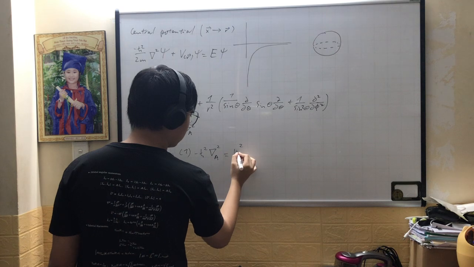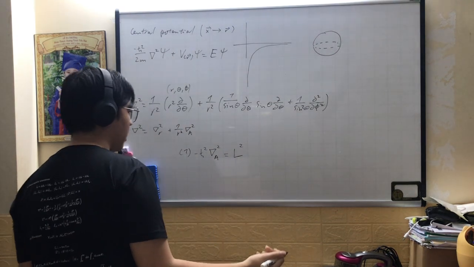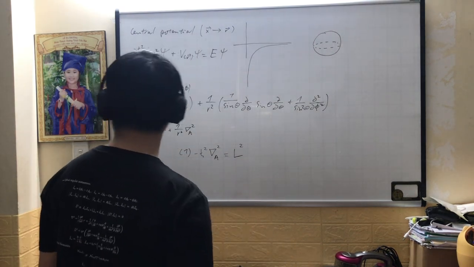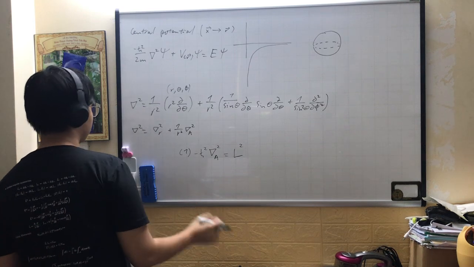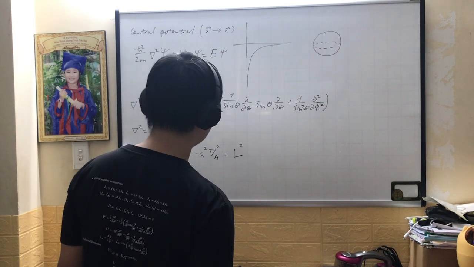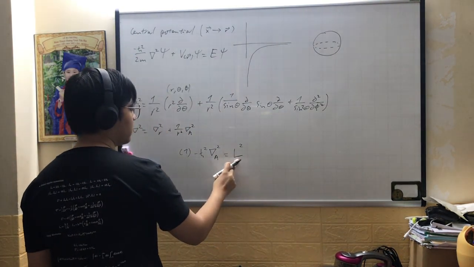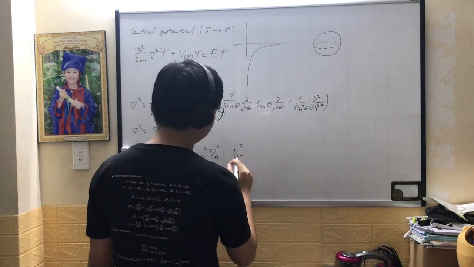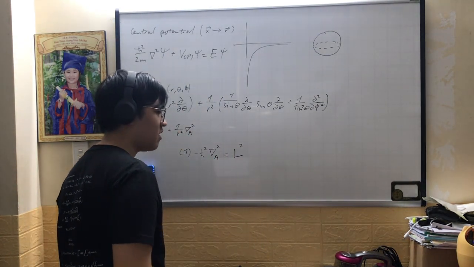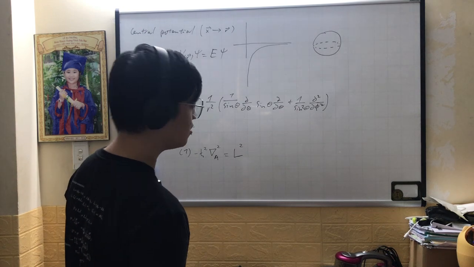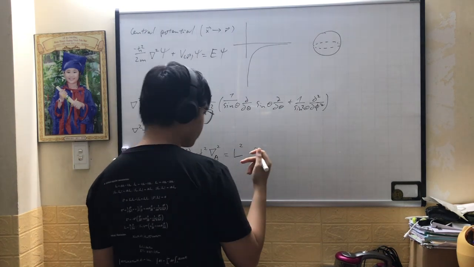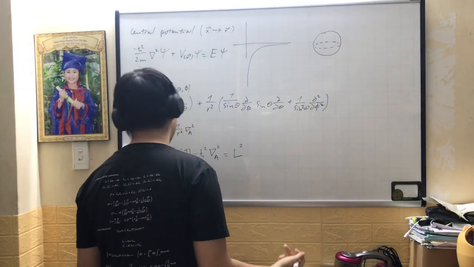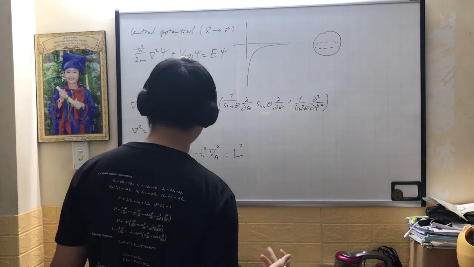So L squared here is the total angular momentum. We're going to talk about that in the next video, the angular momentum. So now you just have to know this first one. The total angular momentum is the sum of its three components, which are Lx, Ly, and Lz, and you square all of them.